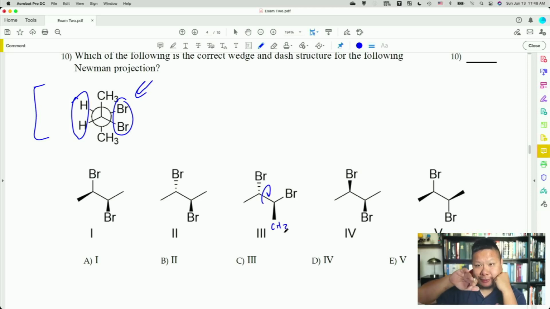And if I rotate the bond just one substituent over, what happens to this methyl group? It moves up here, to where the bromine is. Then, if the methyl group moved up and took the place of the bromine, where did the bromine go?